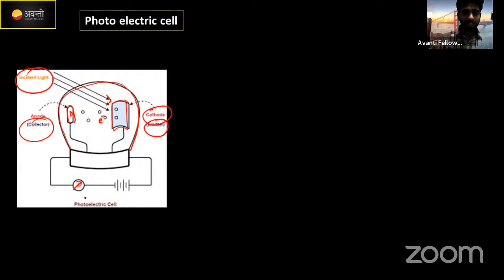When it is completed, the ammeter shows a deflection like this. When it shows the deflection, at that moment we get to know that a current is created due to the photoelectric effect. But here we are using a milliammeter.